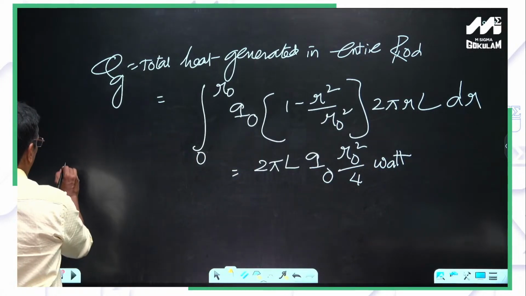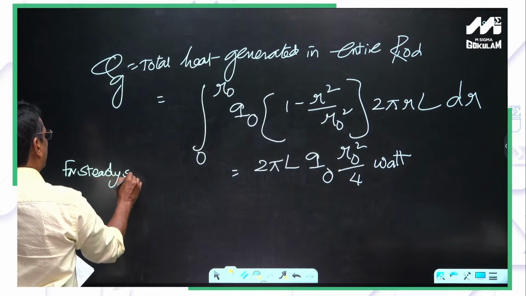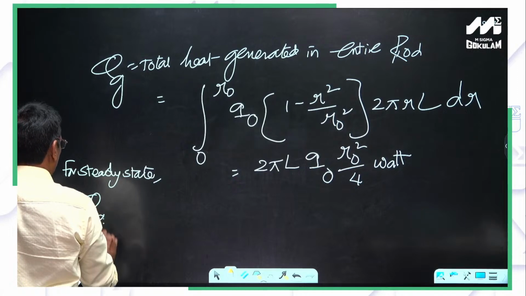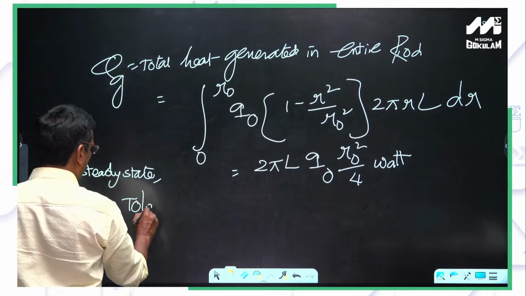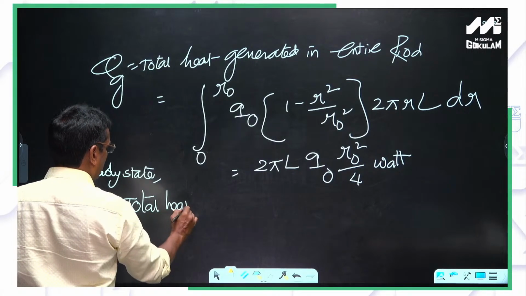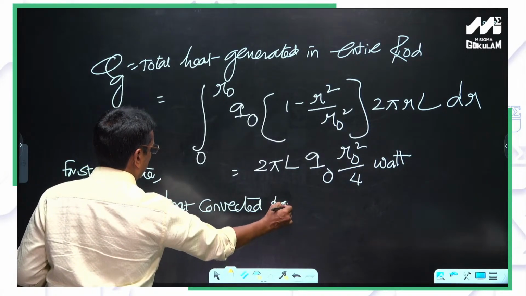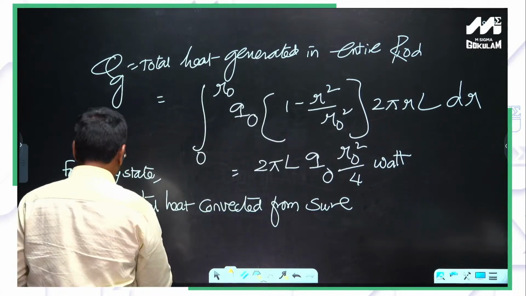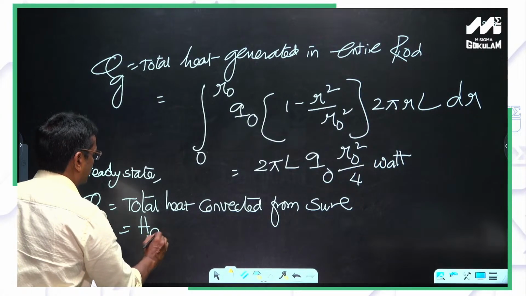For steady state, Qg should be equal to the total heat convected from the surface. That should be equal to the heat flux.